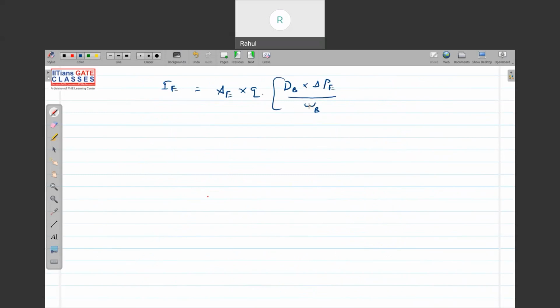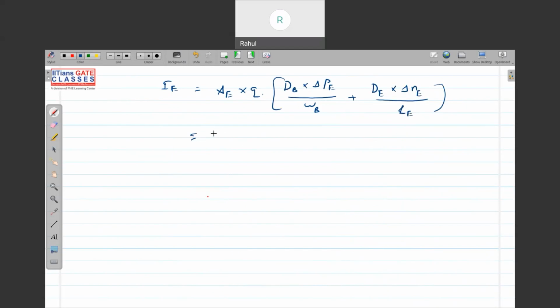But here, since the base width is very small compared to the diffusion length, we have to replace it with the base width. Plus the diffusion constant of minority carriers in the emitter region into del Ne divided by LE, the diffusion length in the emitter region. This is my current, Q D dp by dx. This is a simple diffusion current.